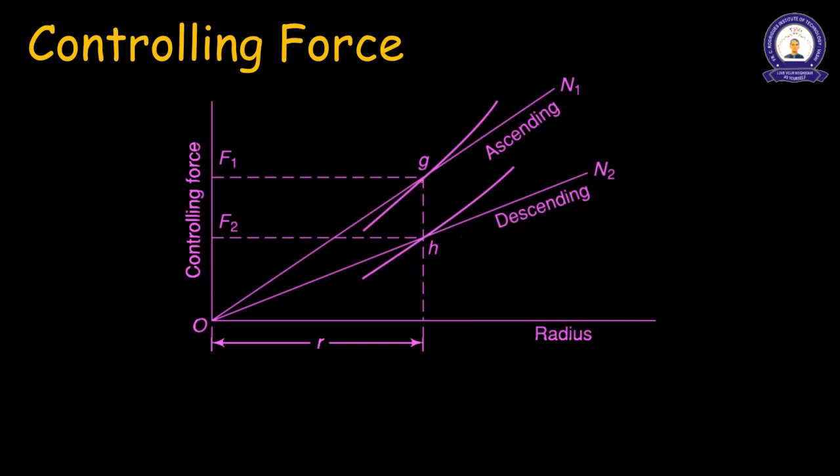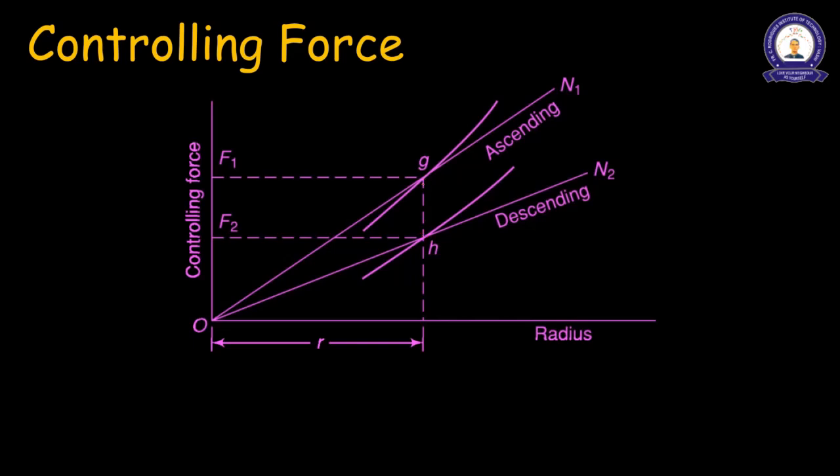So what is the significance of this line GH? For this line GH, if you see, the radius is not changing. That means in case of friction, the governor will not respond unless your speed increases beyond the value N1 or drops down beyond the value N2.